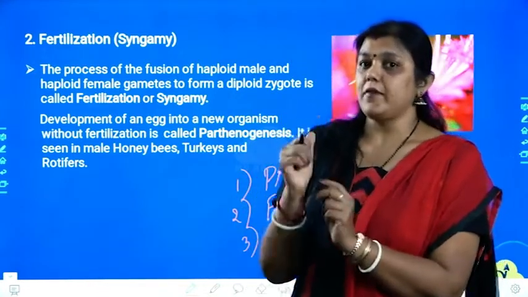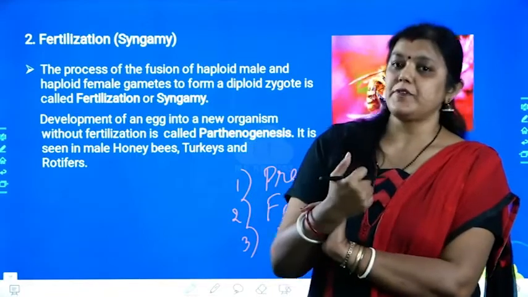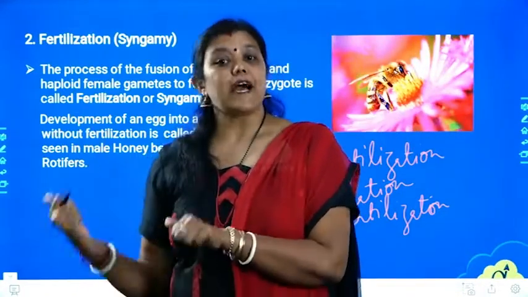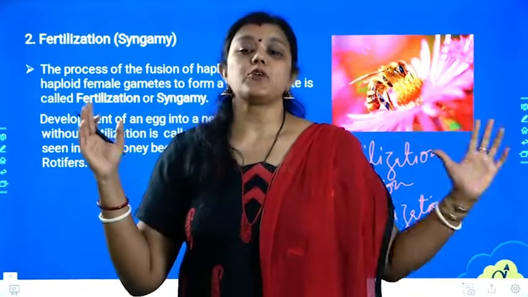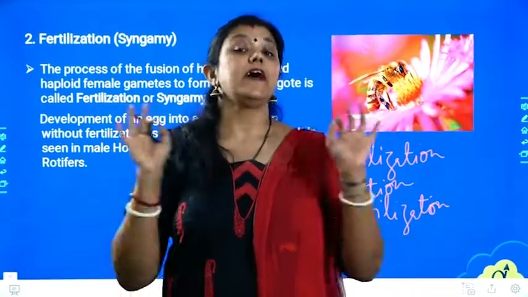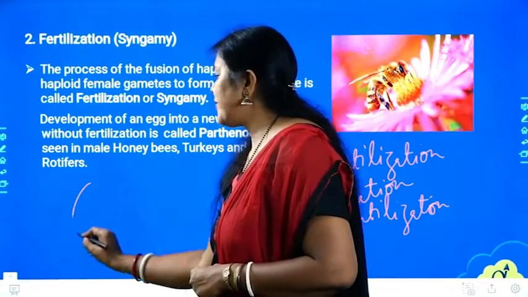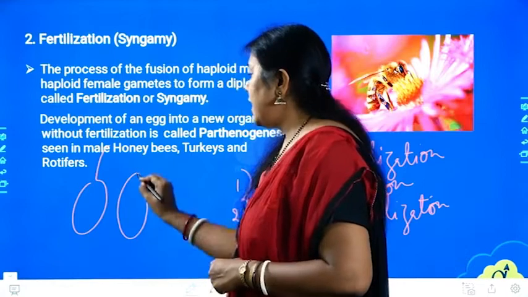Now, again, I'll recall what I discussed in the previous session, that gametes can look similar. They are called isogametes. The gametes can look completely different from each other, and they are called heterogametes. So I hope you remember homogamous and heterogamous.